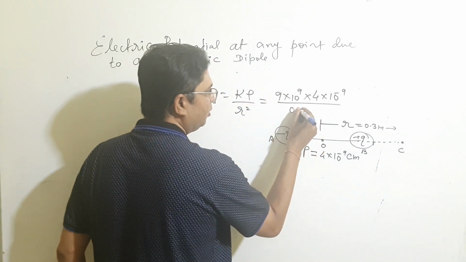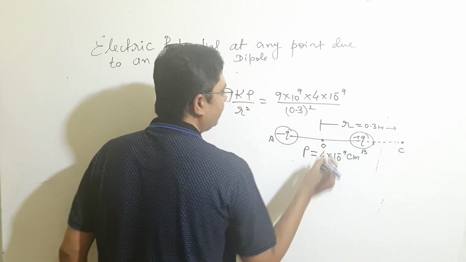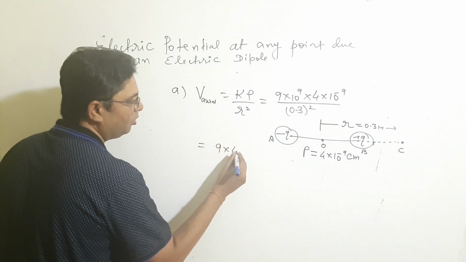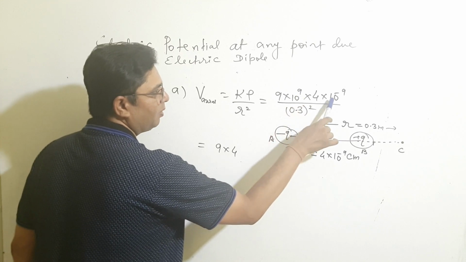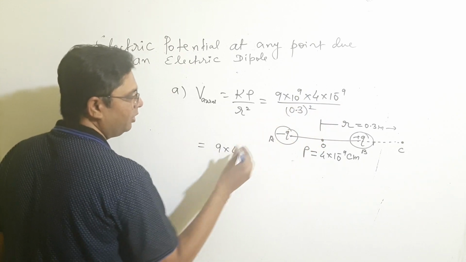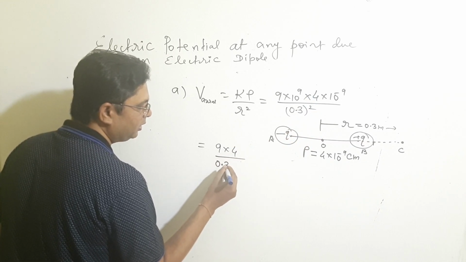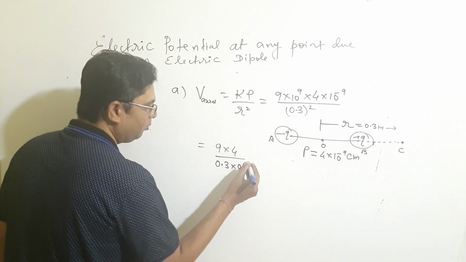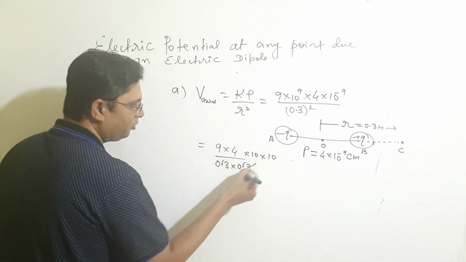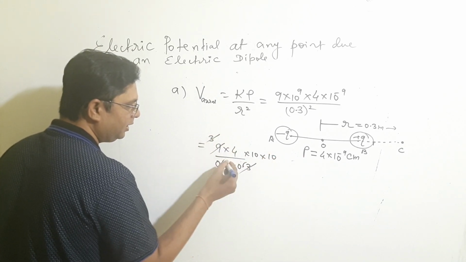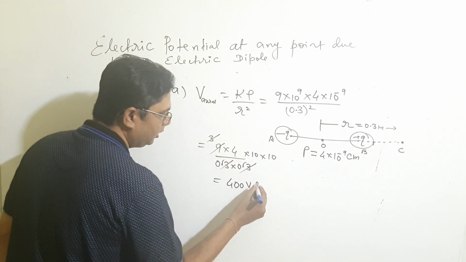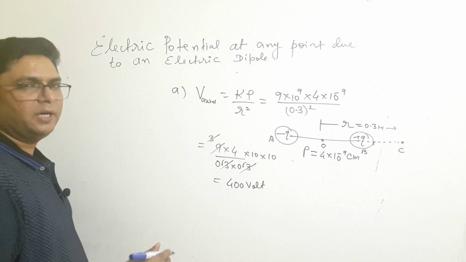So write here 0.3 square. So you have 9 into 4 because 10 power 9 and 10 power minus 9 cancel and become 1. So 9 into 4 is in the numerator and the denominator has 0.3 into 0.3. Cancelling, we get 400 volt. So it is 400 volt.